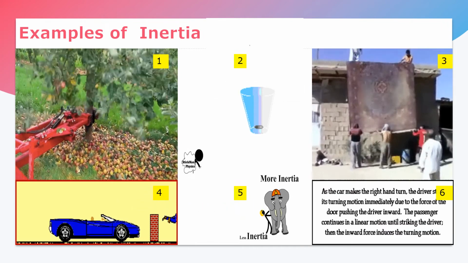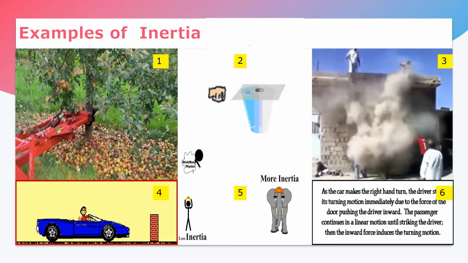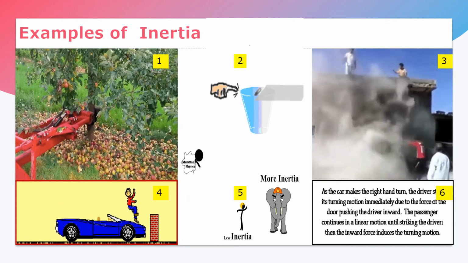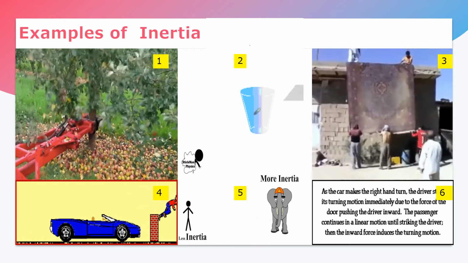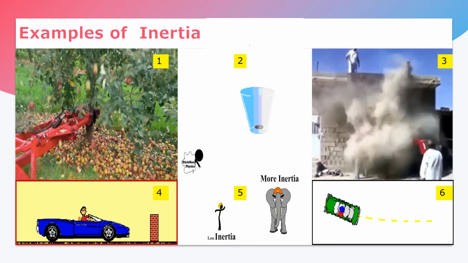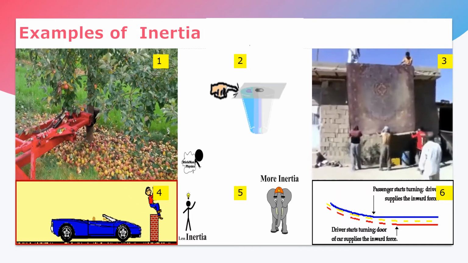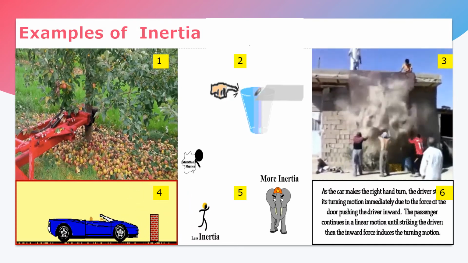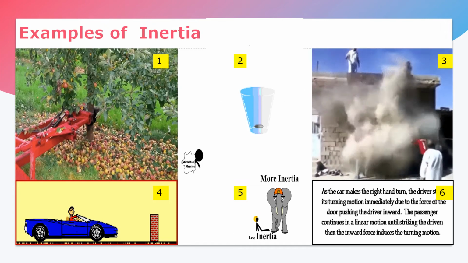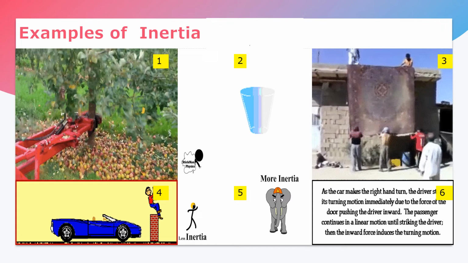When we shake or beat the carpet with a stick to clean it, we are exerting an external unbalanced force to it. The carpet is set into motion, but the dust particles have the tendency to continue in the state of rest due to inertia of rest, so they come out. So these three are examples of inertia of rest.